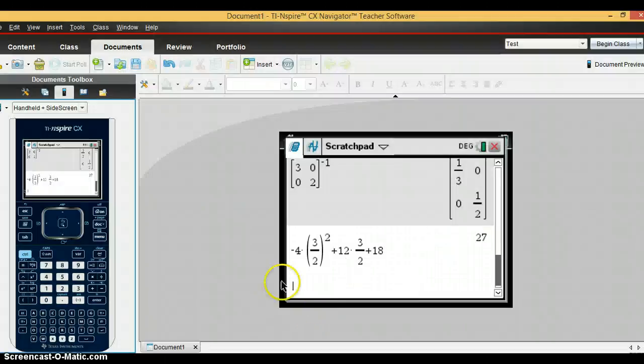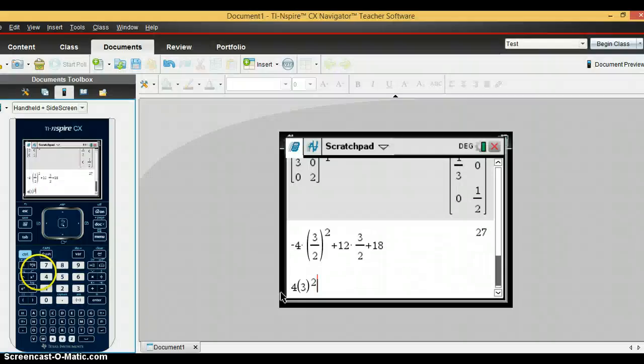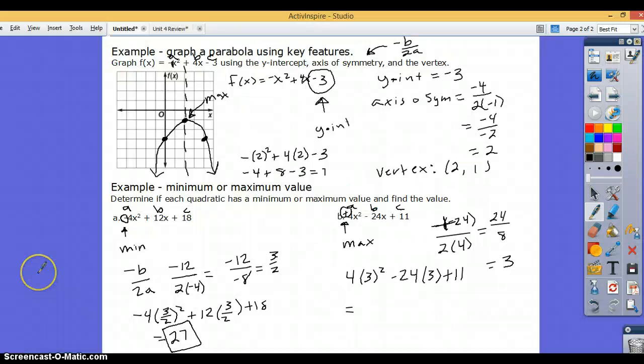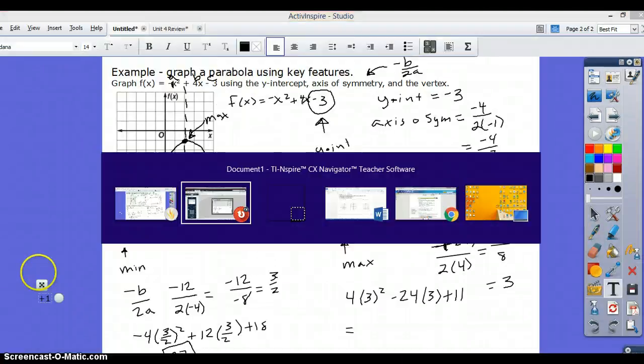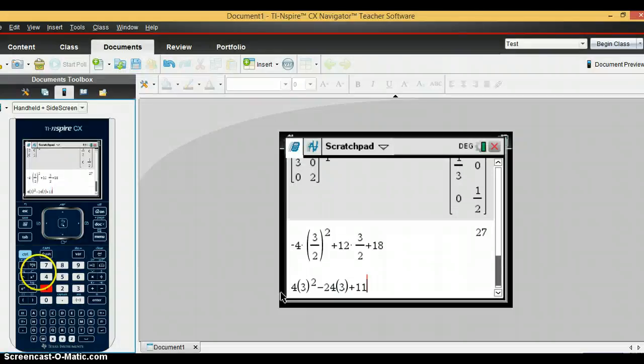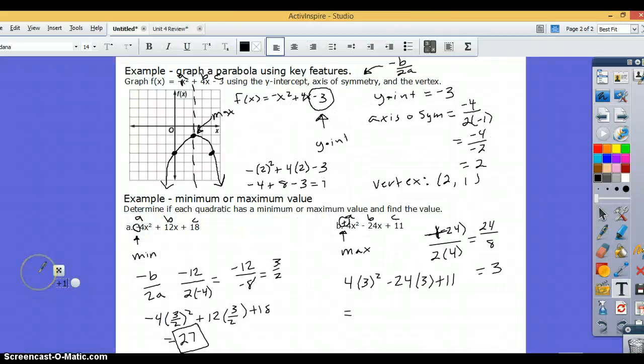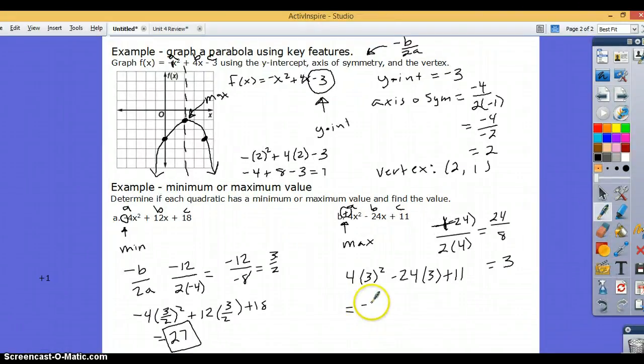Again, we're going to come over here: 4 times the quantity 3, squared, minus 24 times 3, plus 11 gives me negative 25. So that is my, in this case, minimum value.